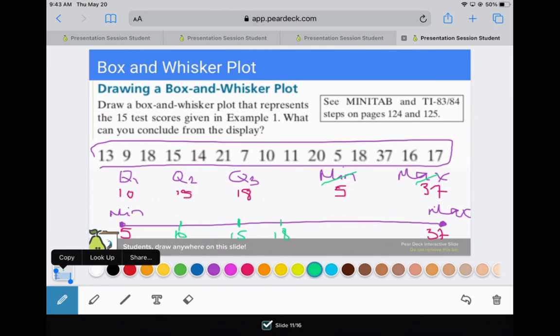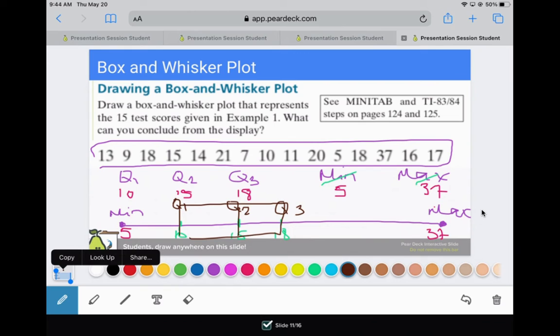So we need to know all of this information. And the last step that I would do, I would make the box around Q1, Q2, and Q3. And this is called the box and whisker plot. Okay, so I make a number line, step number 1.